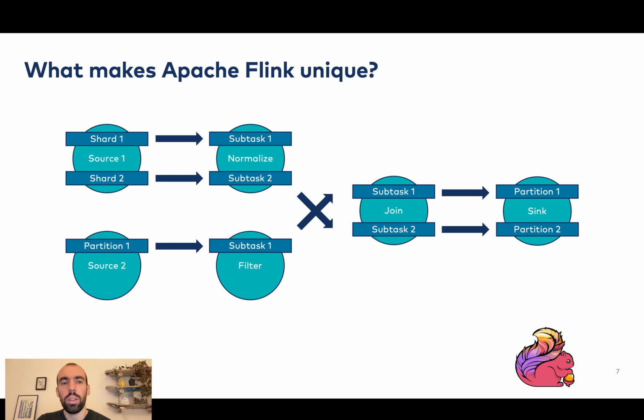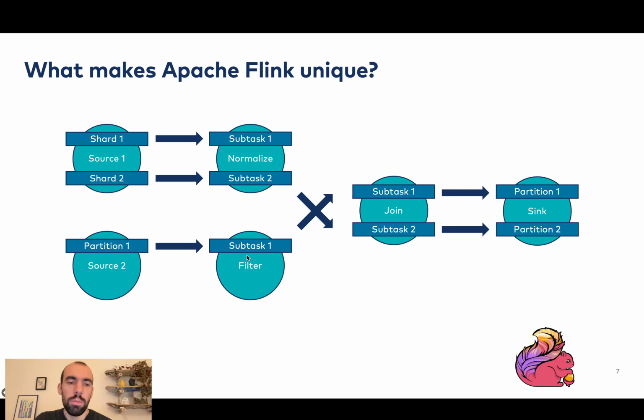So you define your source or your join task once, and Flink takes care of replicating and parallelizing the execution. As you can see here, you define the join once, and then Flink will, for example, run it in two subtasks. So two parallel threads will actually execute the whole pipeline for a join.